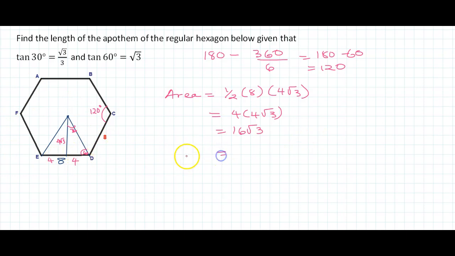This is the area of a triangle, so the area of the polygon is going to be equal to 16 square root of 3 multiplied by 6, which is equal to 96 square root of 3.